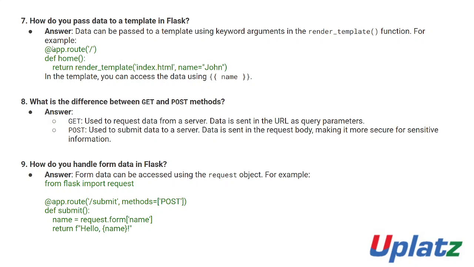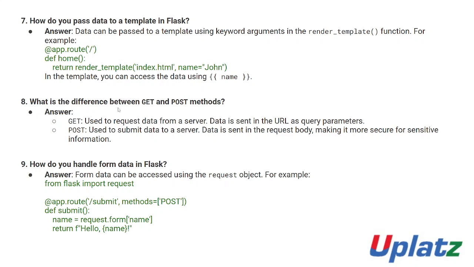For example, @app.route('/') def home(): return render_template('index.html', name='John'). In the template, you can access the data using double curly braces name. So this name is used here.